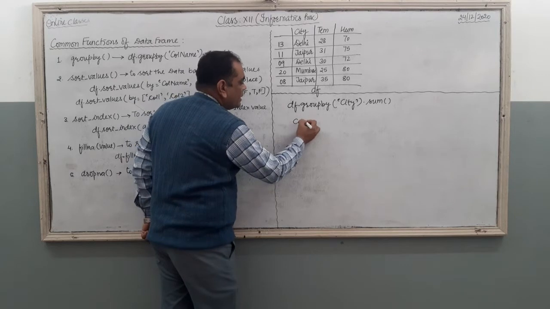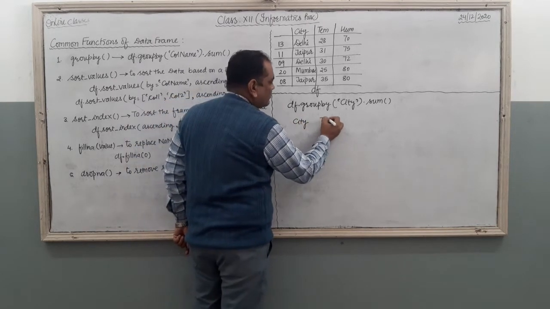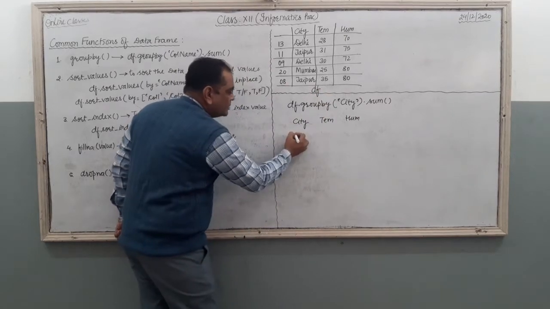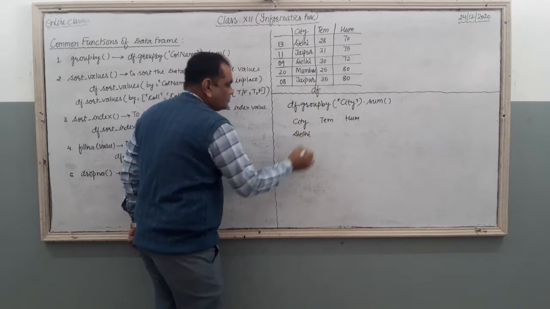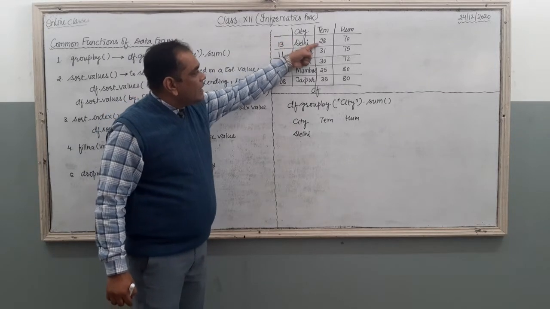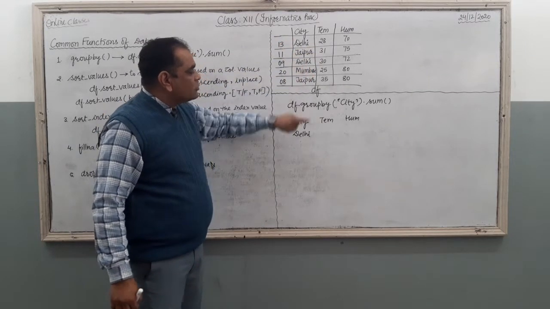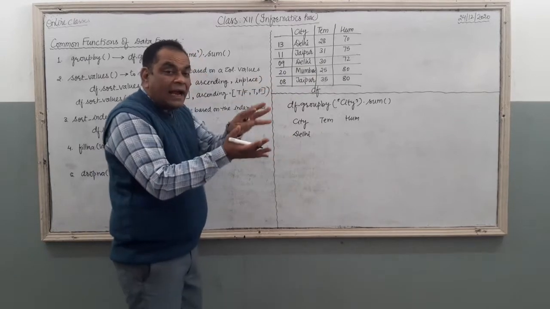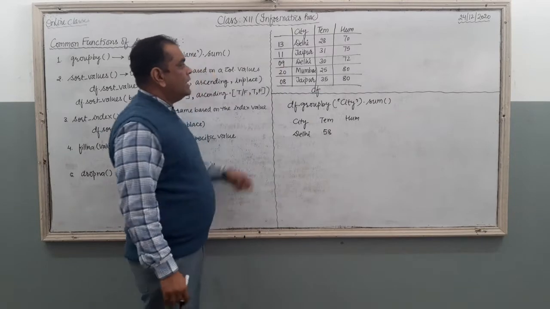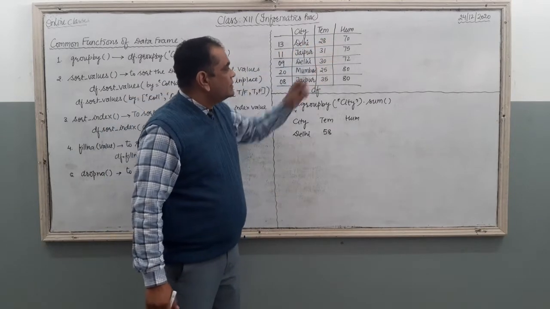The output will have the city column, then temperature column, then humidity column. The columns are the same here. City, Delhi. Now, how many records are there for Delhi? 1 and 2. Right? Temperature is 28 and 30. So here, the computer is going to add these two different temperatures and provide 58 over here. Now just see humidity 70, 72.